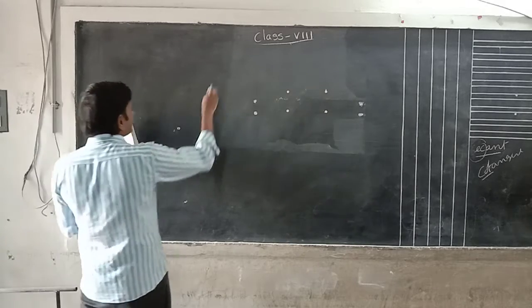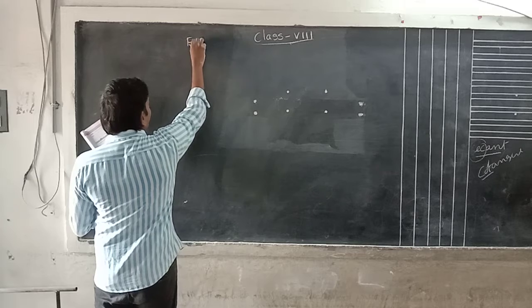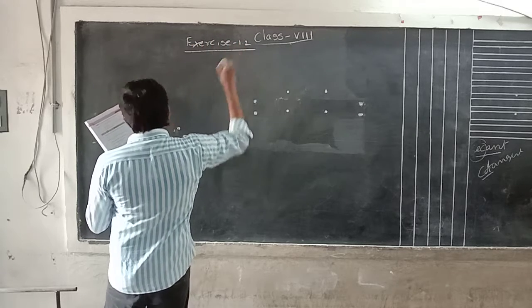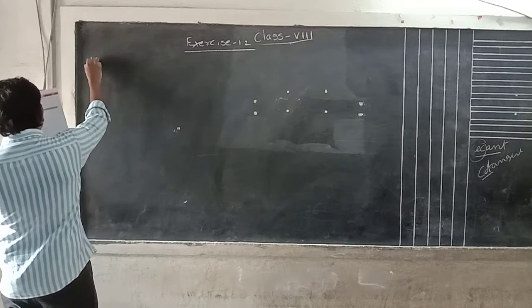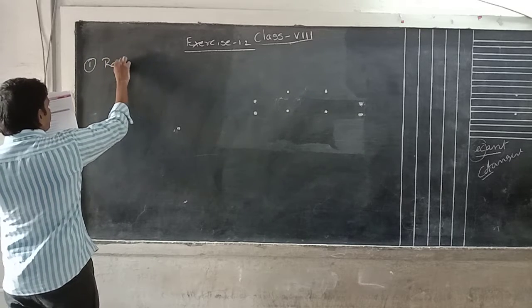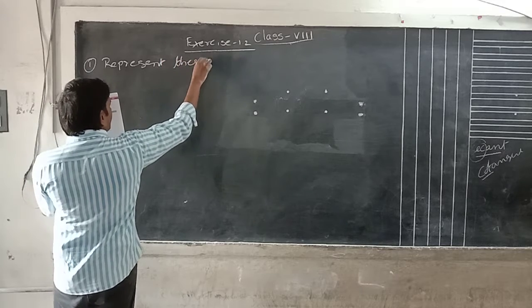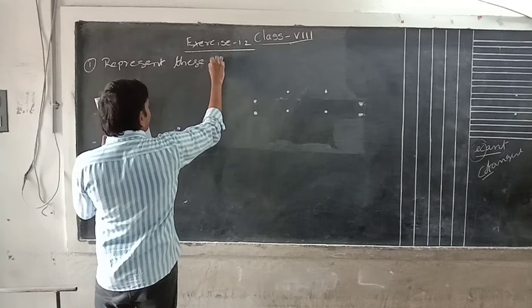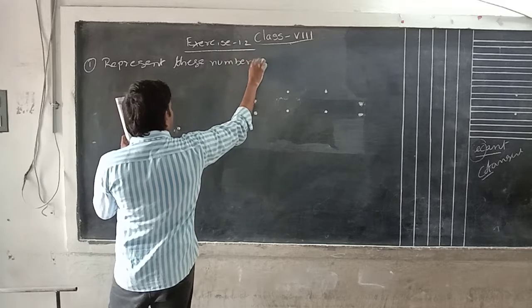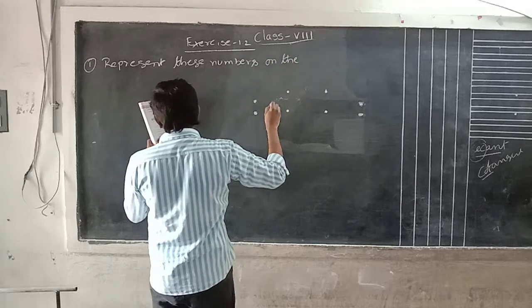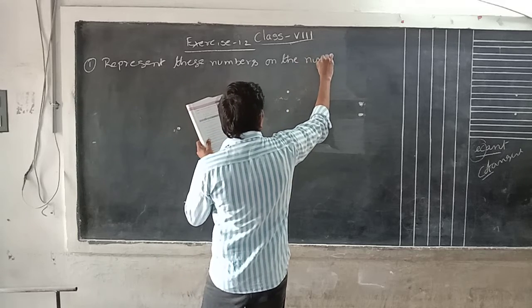Exercise 1.2, first one: represent these numbers on the number line. Very easy question and an important one.